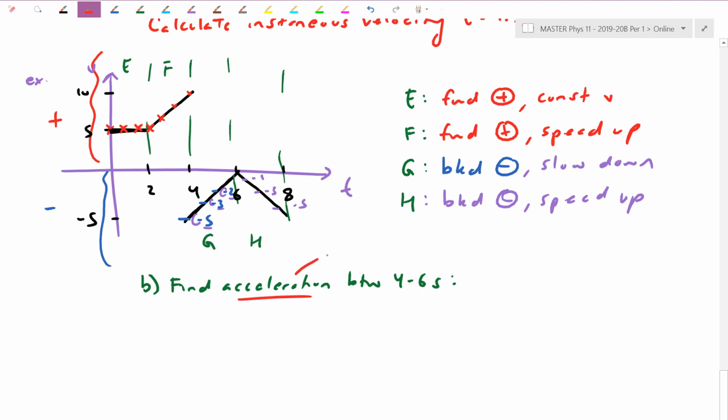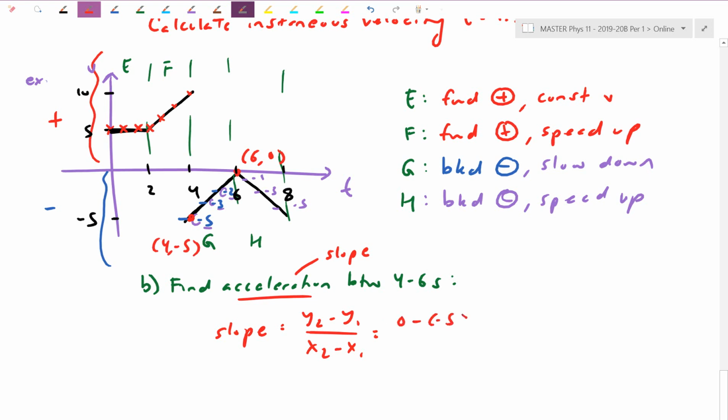Because we know the acceleration is the slope on this VT graph, I'm going to choose 2 points that are easy to read. Again, y2 minus y1, over x2 minus x1. It doesn't have to necessarily be those 2 points here. My coordinates here are 6 and 0. This one was a 4 and a -5. If I go y2 minus y1, a 0 minus a -5, over a 6 minus a 4, this gives me 5 over 2.